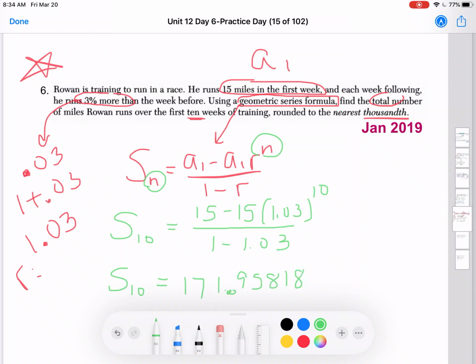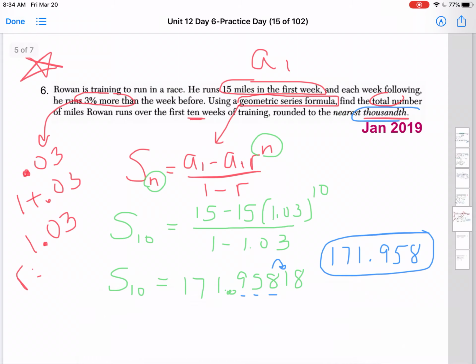You guys have to round correctly here. We're going to the thousandths place. So tenths, hundredths, thousandths. I look 1 place to the right. If it's 5 or greater, I push it up, and it's not. So 171.958. Great question to be fantastic on every Regents.